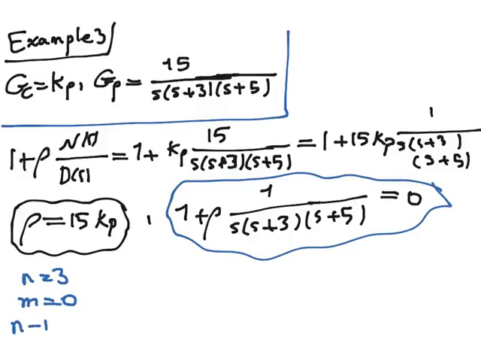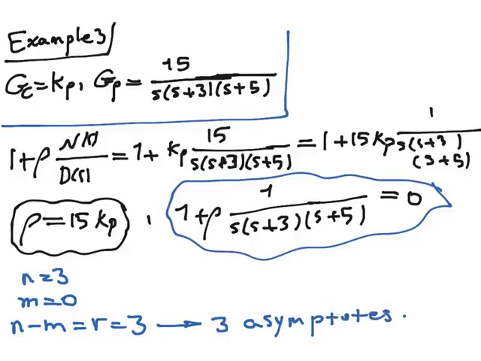And accordingly n minus m, which is r, is equal to 3, which means that we will have 3 asymptotes, for which we need to determine where they cross each other, where they touch the real axis, and what is the angle for those 3 asymptotes.